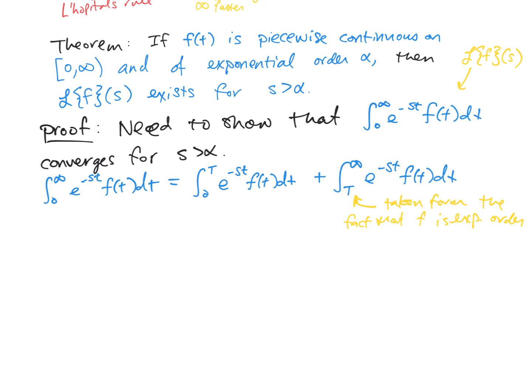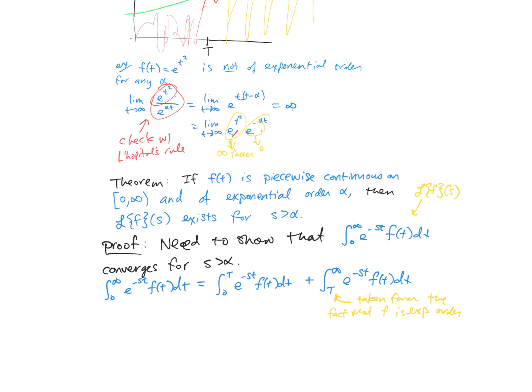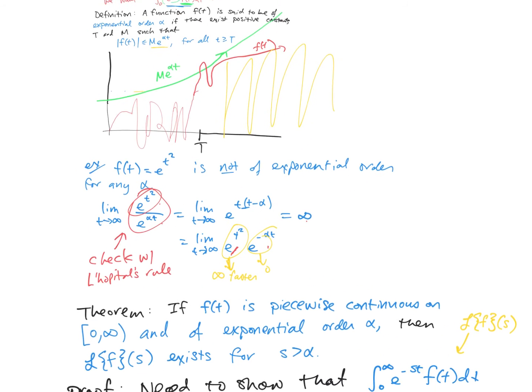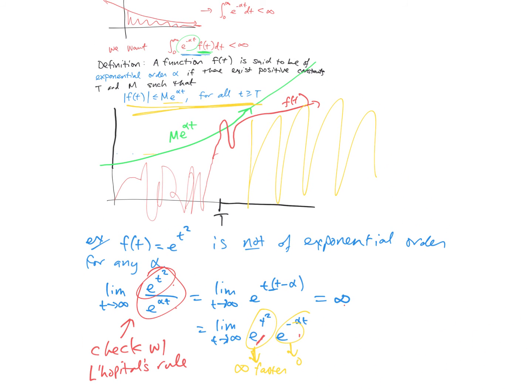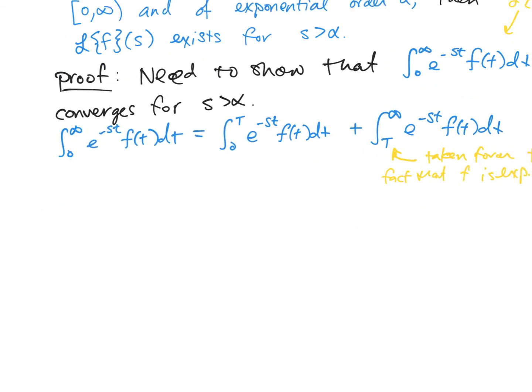So it's taken to satisfy that definition of exponential order. That's where that T comes from.